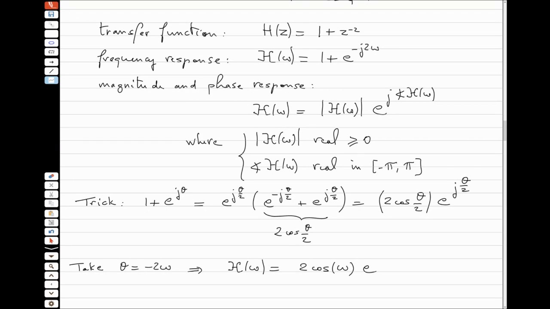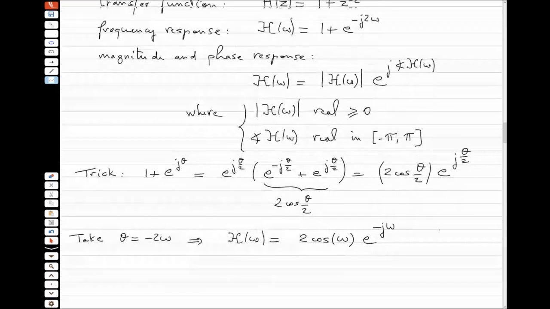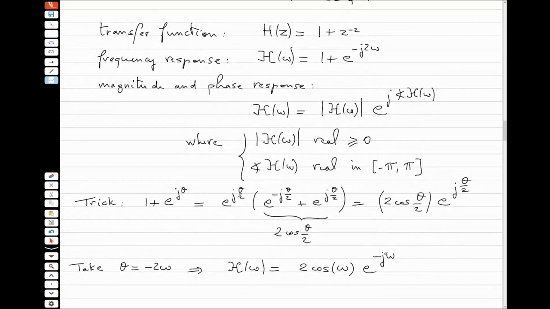E to the theta over 2 minus, so it's a minus j omega. Okay, so we have this. And you compare with this. And then you say, oh, we are done. This is magnitude of h omega, and minus omega is the angle.